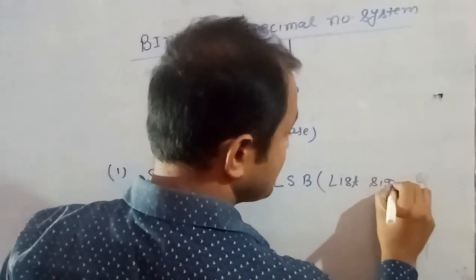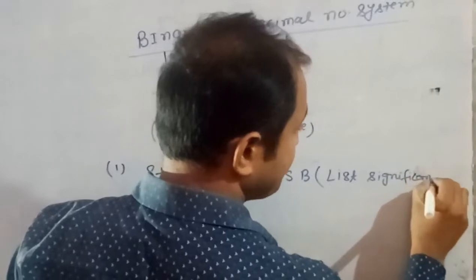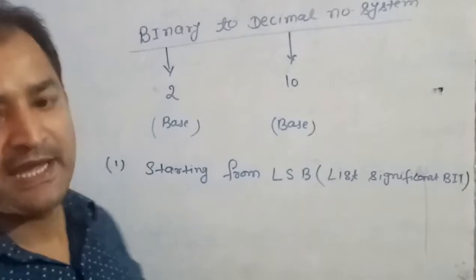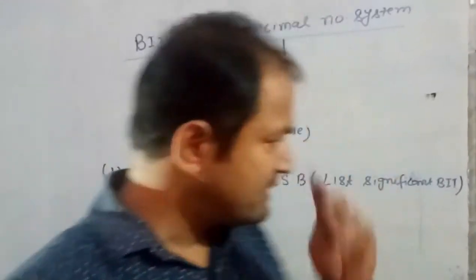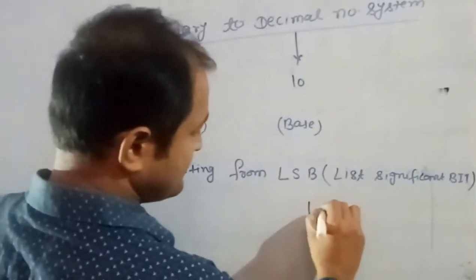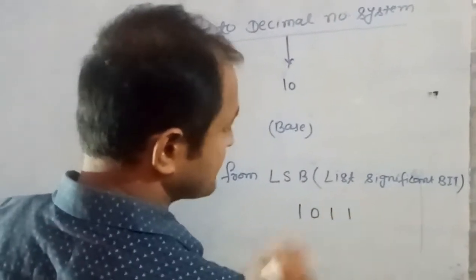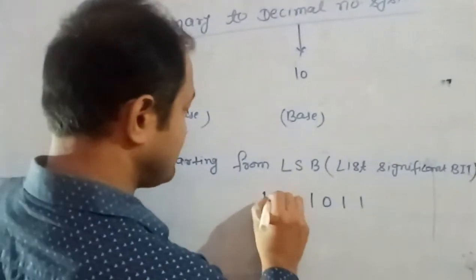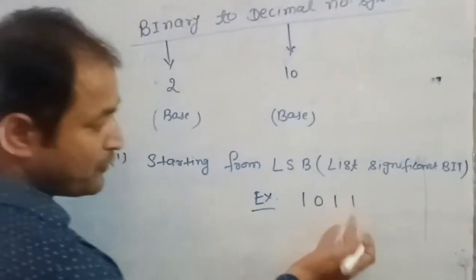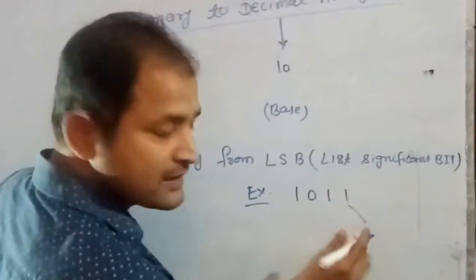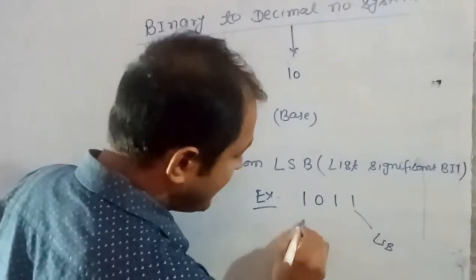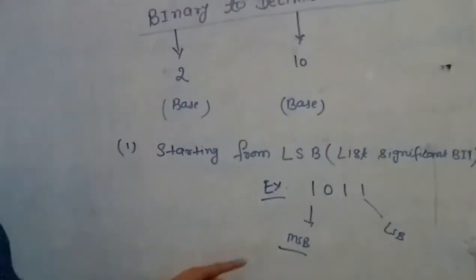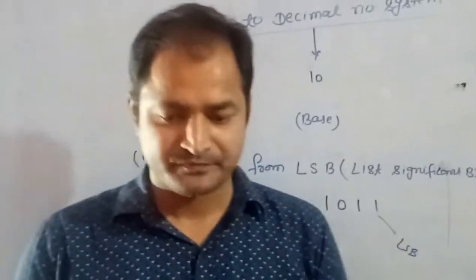For example, 1 0 1 1. This point is the LSB and this point is the MSB, least significant bit and most significant bit.